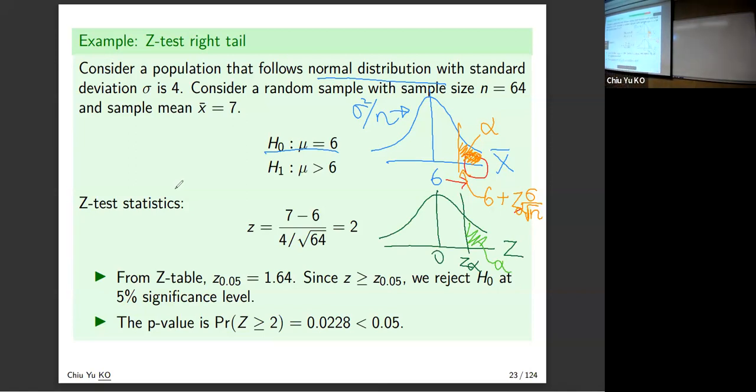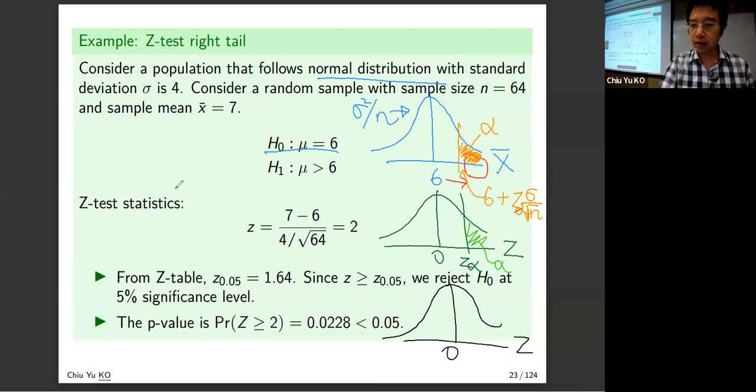That is the critical value method. Or you can do the p-value method, where you calculate based on your number, which is 2.